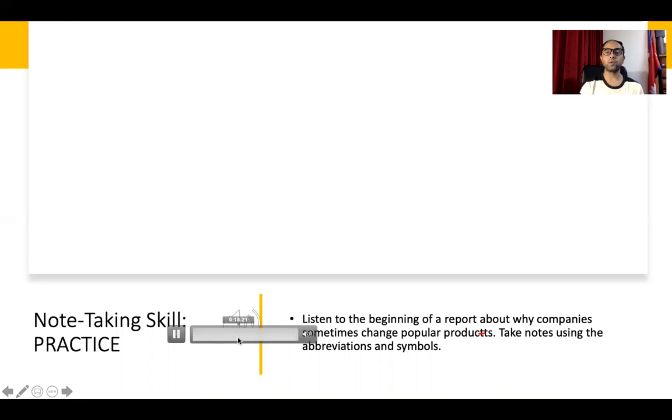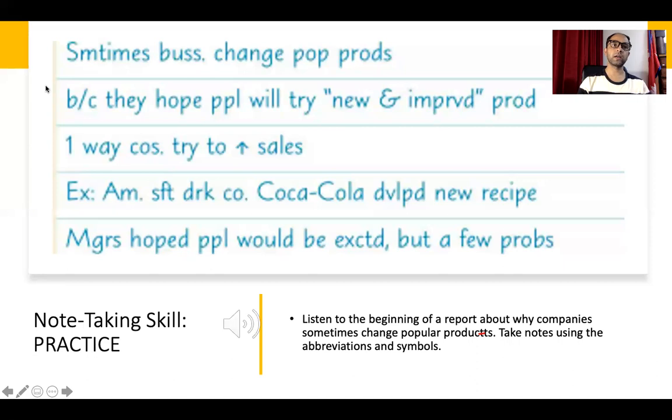Okay, did you take notes using the short forms, the abbreviations and symbols? If you couldn't take notes in the first listening, you can go back in the video. Replay the video from the listening part and take notes again. If you have notes like this, maybe you got good notes.